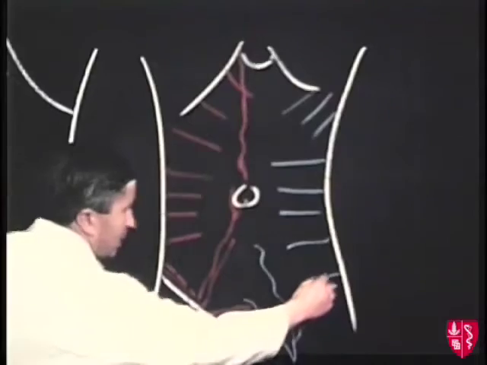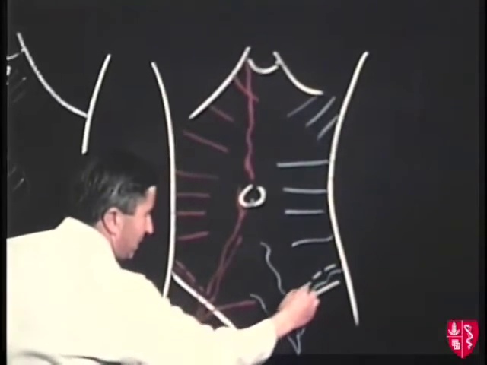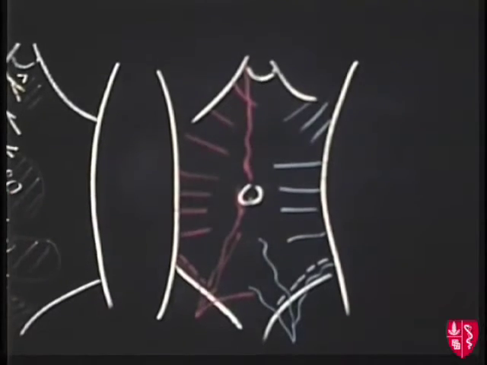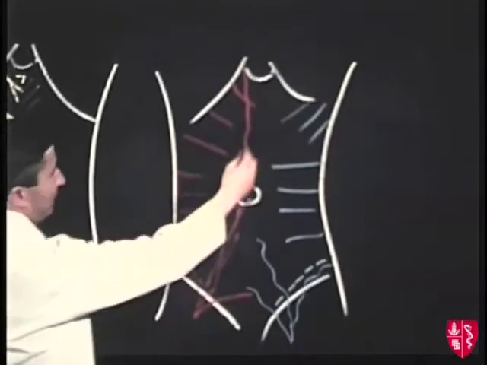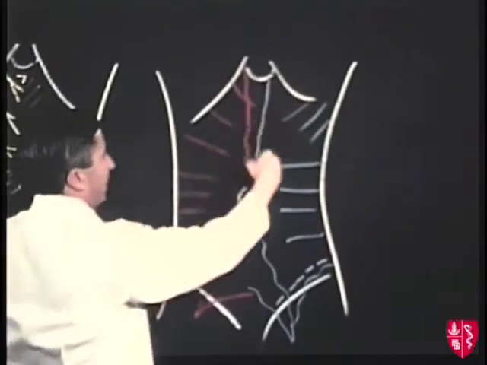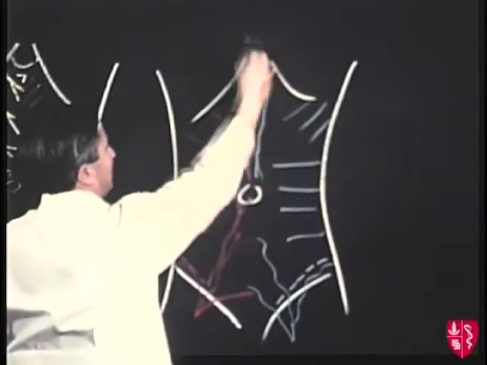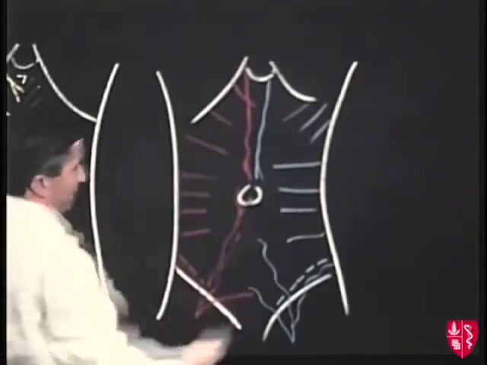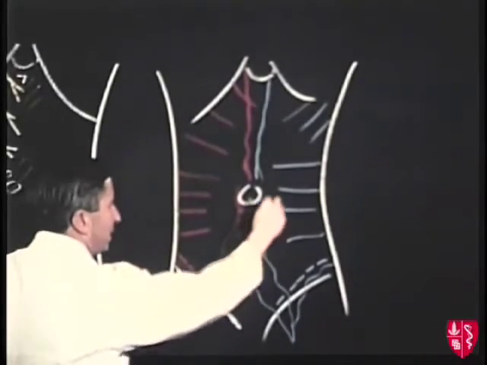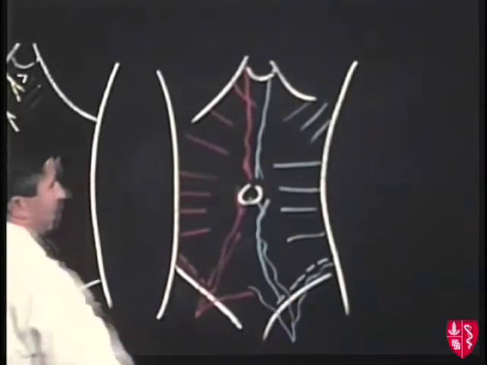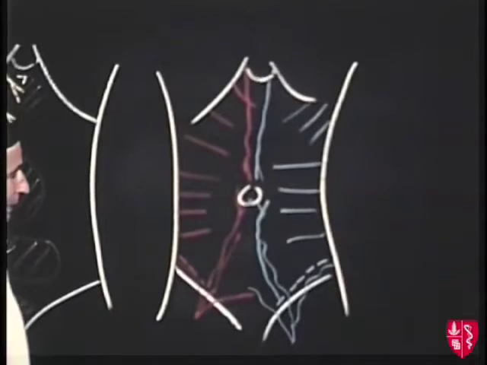We also have the deep circumflex iliac vein draining down into the external iliac vein. Now, lying in the rectus sheath, we have running up here the superior epigastric vein, which goes into the internal thoracic vein and so drains up to the subclavian vein. And down here, we have the inferior epigastric vein, which drains down into the external iliac vein.